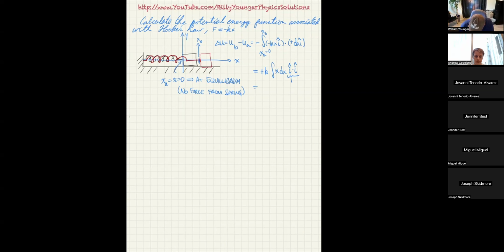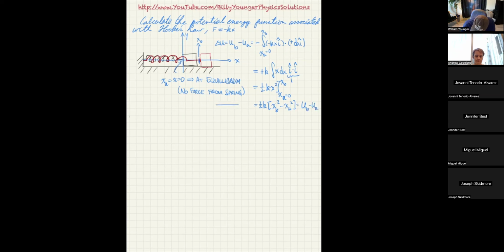So that's going to be 1/2 k x squared, but I got to evaluate it at xb, or excuse me, xa equals 0 to xb, like that. So that turns out to be 1/2 k times xb squared minus xa squared. And of course, that's ub minus ua.